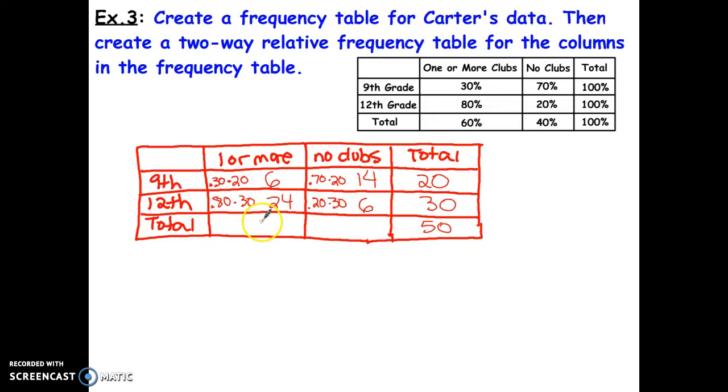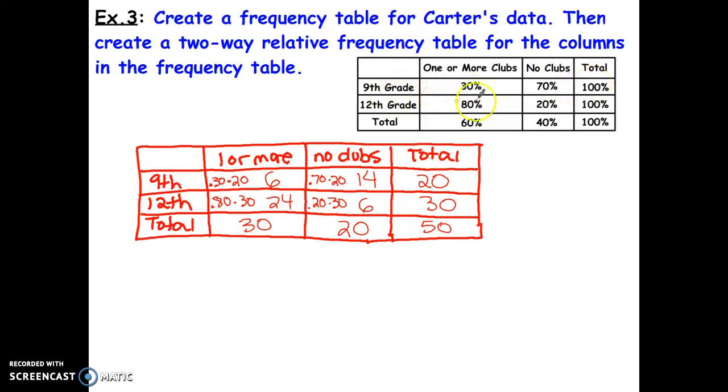So now to get these totals, we're simply going to add 6 plus 24 equals 30, and 14 plus 6 is 20. And again, 30 plus 20 does give us 50. Okay, now we have our plain old frequency table. And now next they're asking us to create a two-way relative frequency table for the columns.